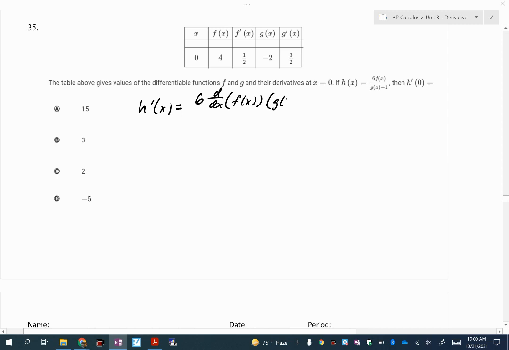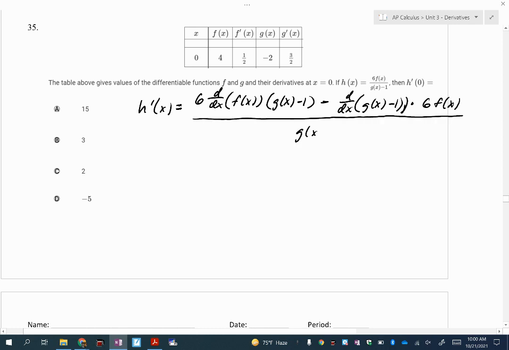Times the original denominator, minus the derivative of the denominator, which is d dx of g of x minus 1, times the original numerator, all over the denominator squared.